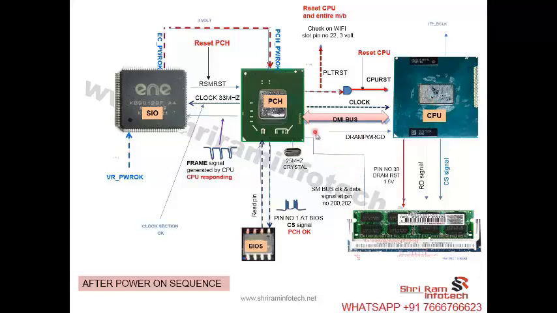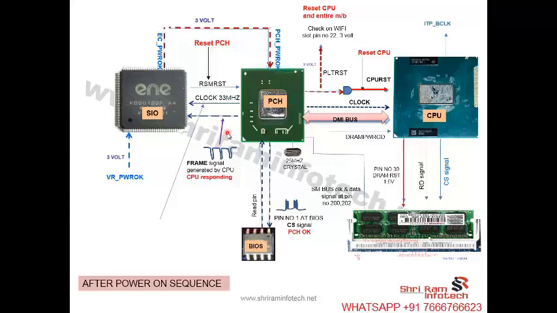And once this communication takes place, the PCH also accesses the SIO, and this signal is known as a frame signal. This frame signal we can check on the LPC port of the SIO. It's called LPC frame. LPC frame is a signal generated when the CPU accesses that DMI bus.